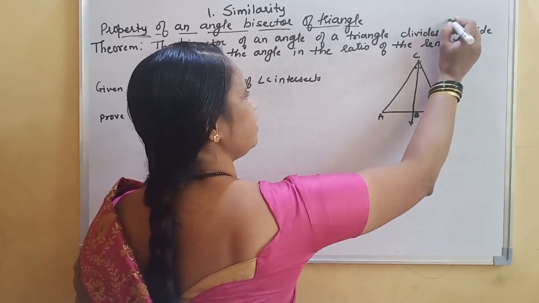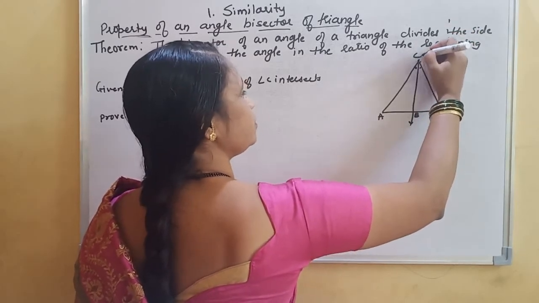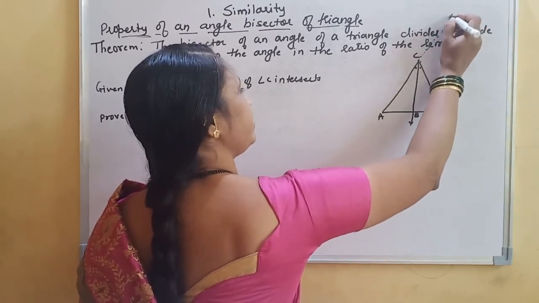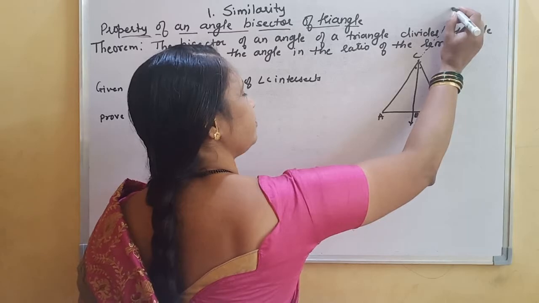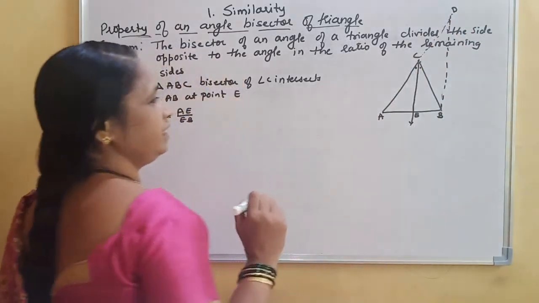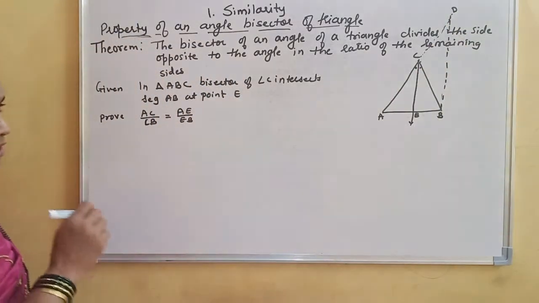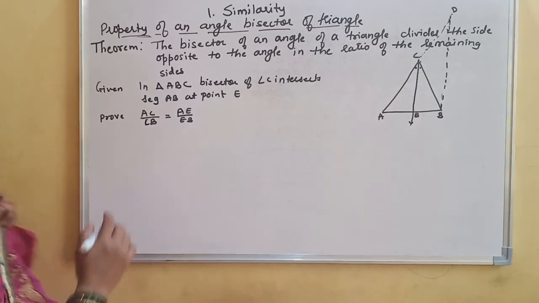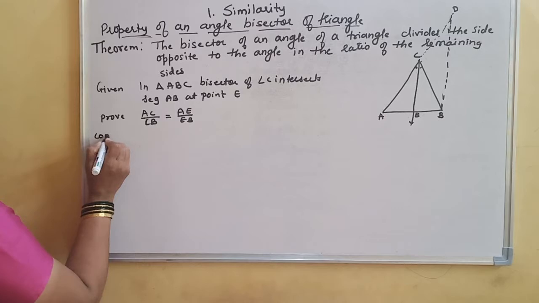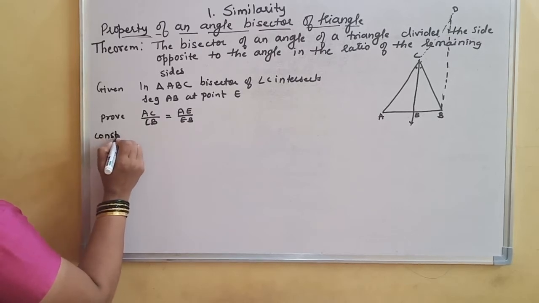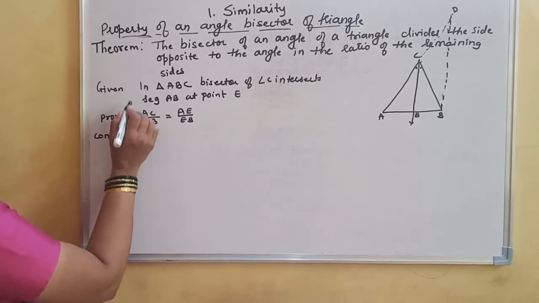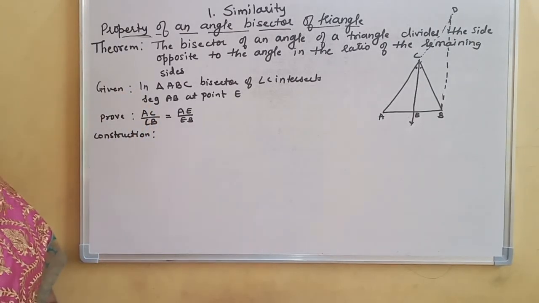Now see, it goes up. This is the construction we have done here. This point we will name D. Now we have got the figure, and we have to write the construction.